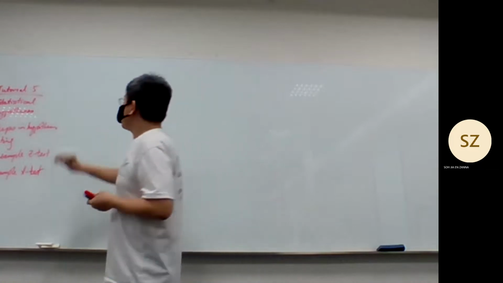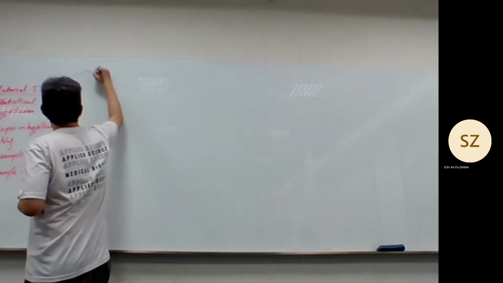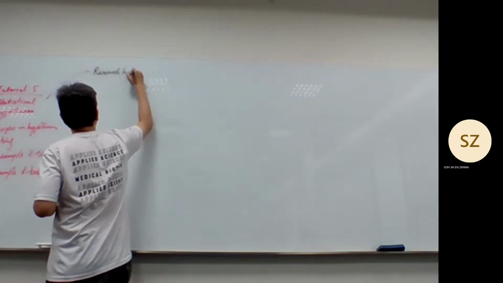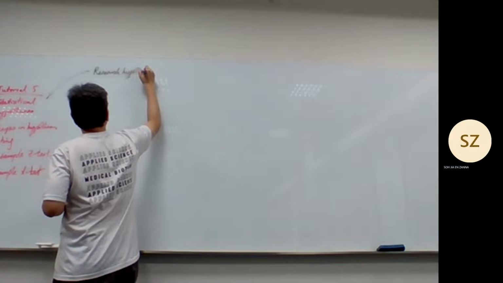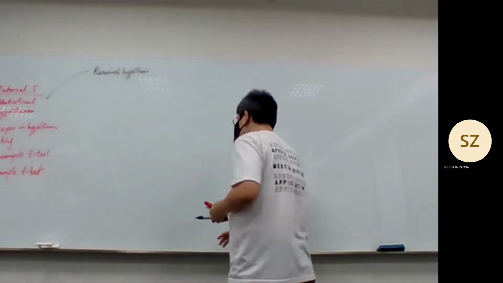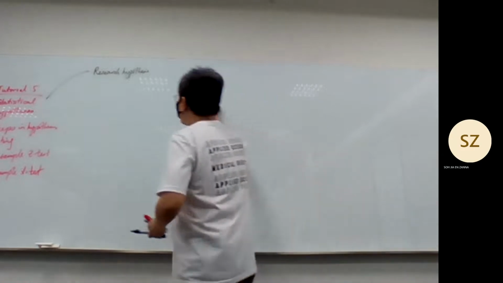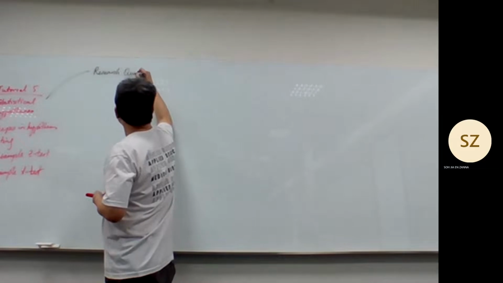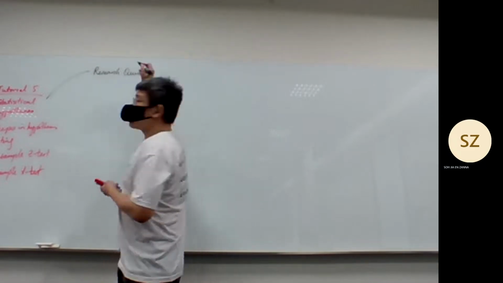Statistical hypothesis is actually formed from your research hypothesis. In order to form your research hypothesis, you actually start off with your research question. What you want to find out?